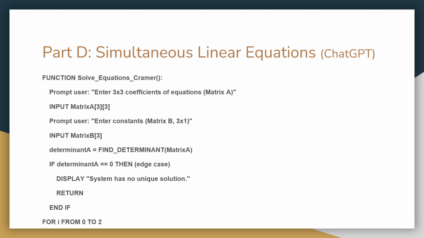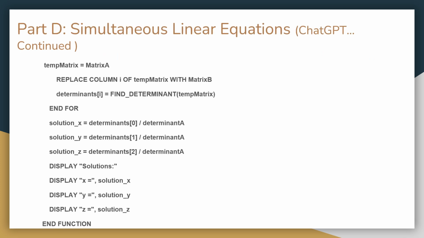So then when it comes to the determinants, if your determinant A is equal to 0, then there's really no unique solution, and I believe it's considered an edge case. Then it displays that the system has no unique solution, and it'll return. And then it'll say replace column I with matrix B, if I'm not mistaken, and then you'll compute the determinant of the temp matrix.